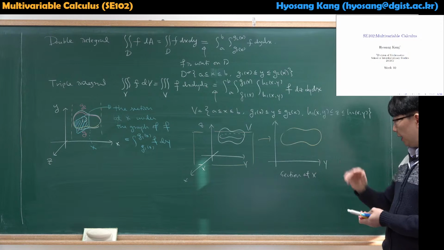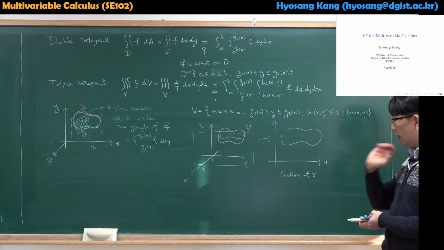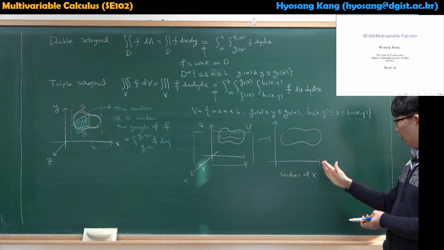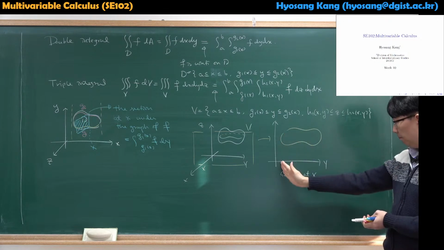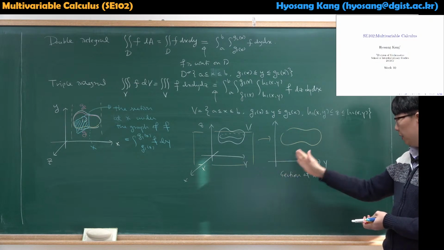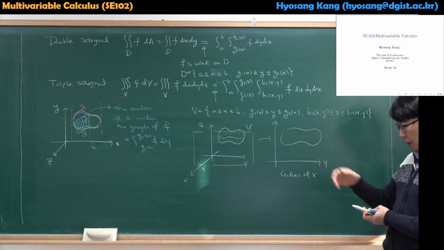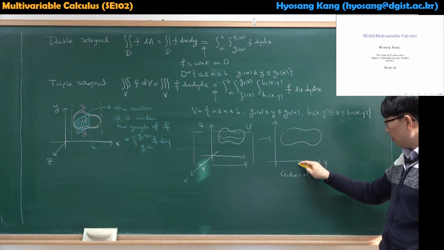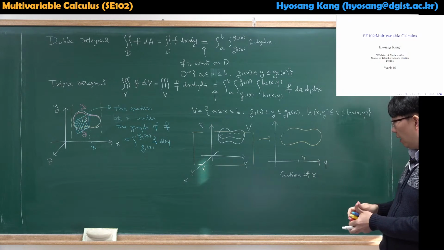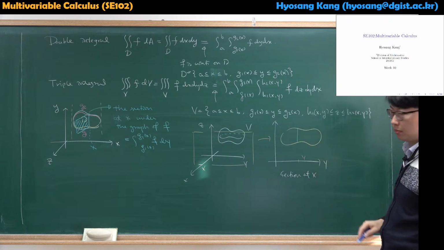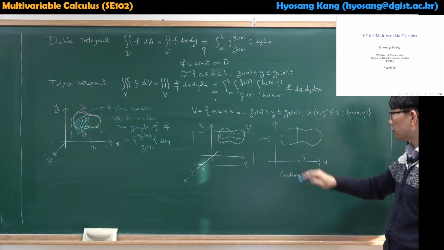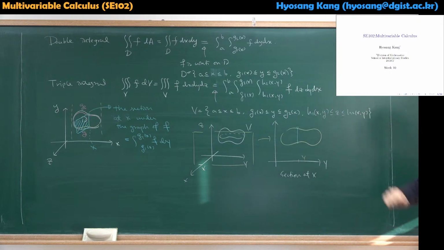Inside of that section, I have a minimum value of the y coordinate and a maximum value of the y coordinate. And for each coordinate of y, I also have a minimum value of z and a maximum value of z. Okay, so I'm taking the integration in sequence.